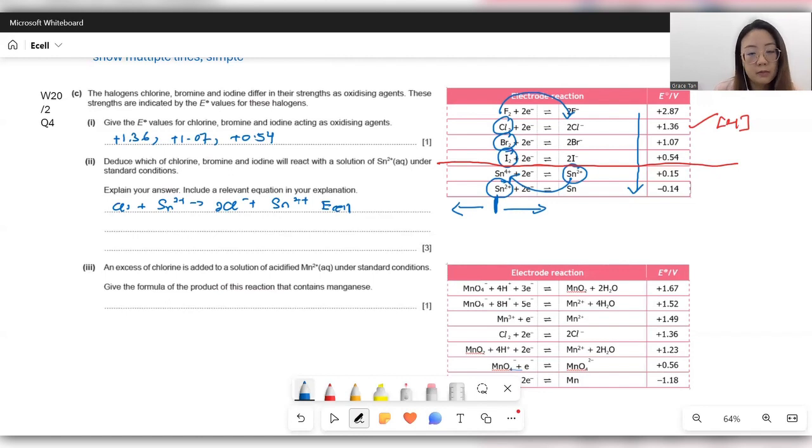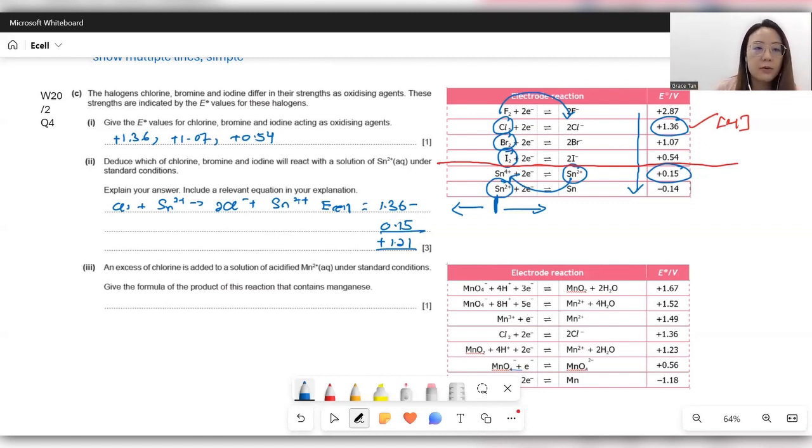I know it's not needed, but let's practice. We are using positive 1.36 and positive 0.15. So you take the more positive number minus the less positive number. Therefore, Ecell calculates to positive 1.21 volts. So since it is a positive Ecell, we know that chlorine and tin 2 plus ion is a feasible reaction.